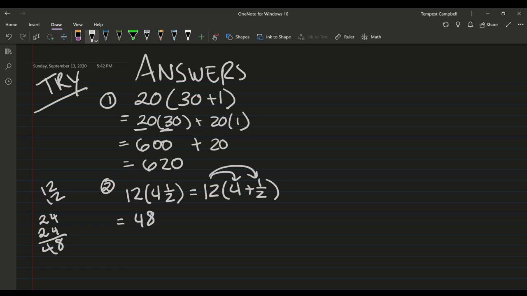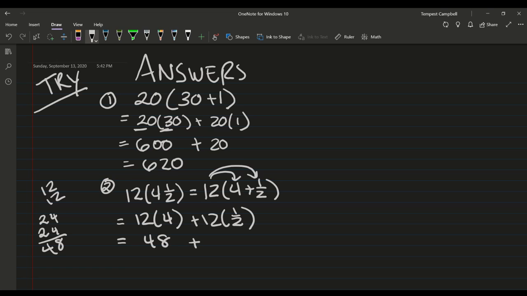So we get 48 plus, I guess I should rewrite it as multiplication first. So that means that we should do 12 times 4 plus 12 times 1/2.